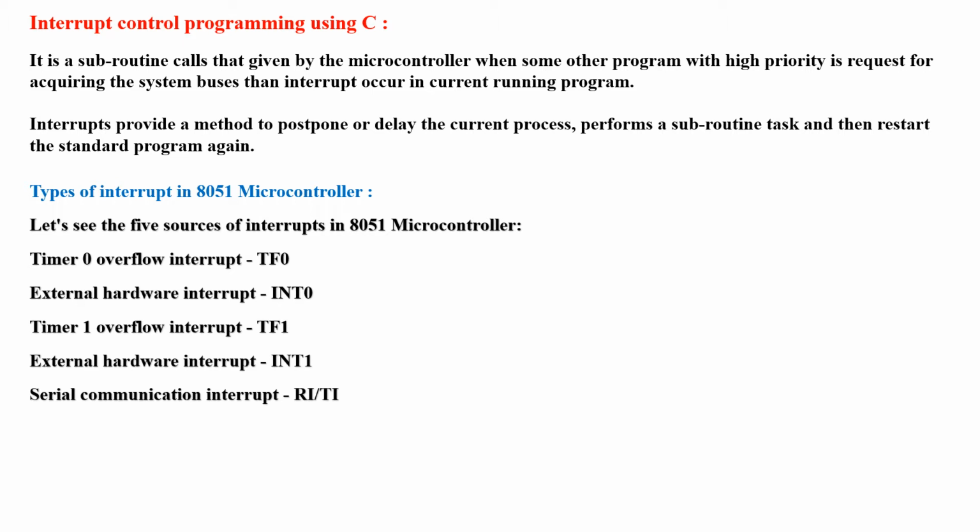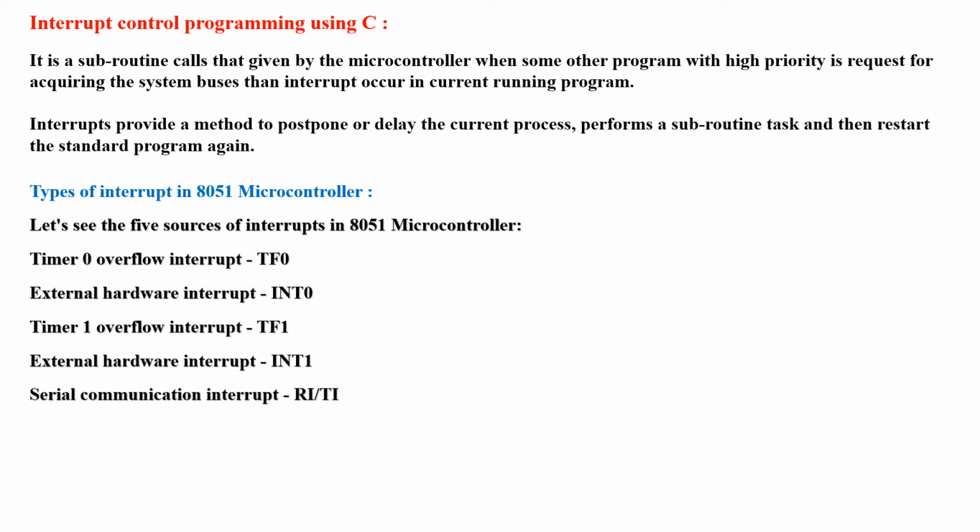Basically, an interrupt is a subroutine call given by the microcontroller when some other program with the highest priority requests for acquiring the system buses, then an interrupt occurs in the current running program. For example, the main program is executing, but one of the highest priority interrupts occurs.